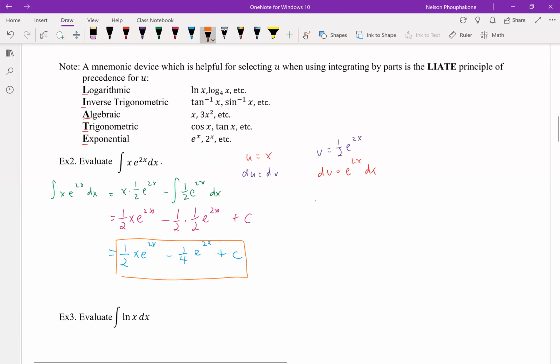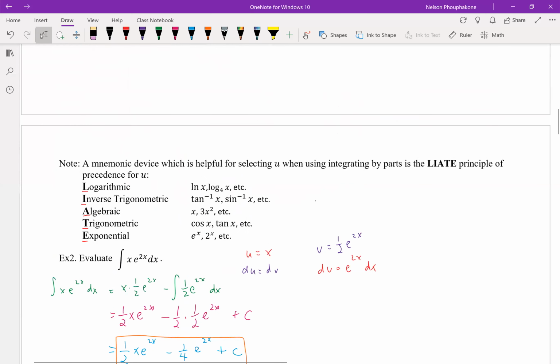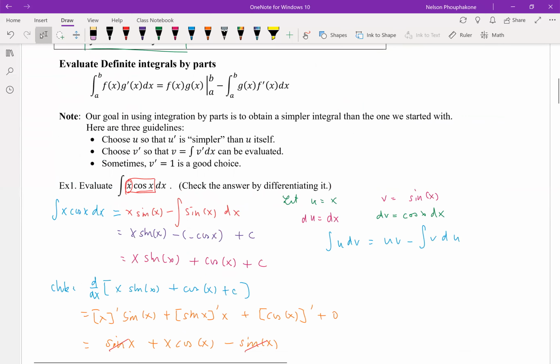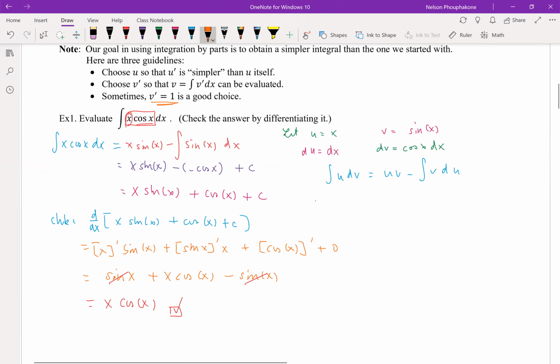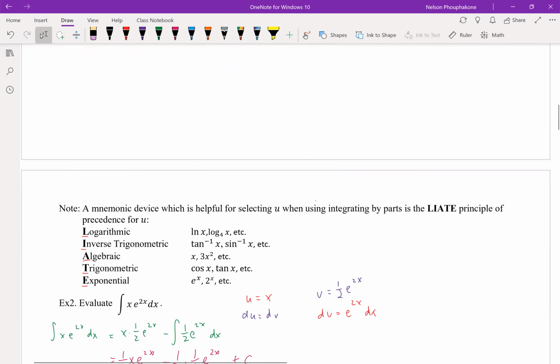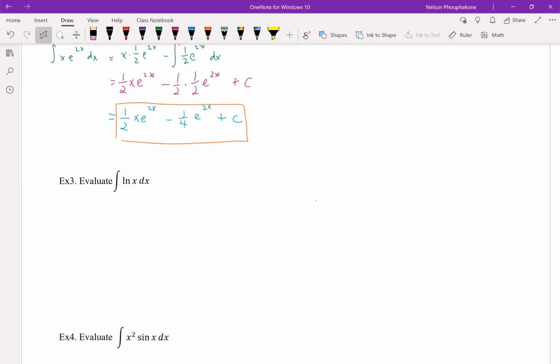Okay, now this one is weird in that I only have natural log of x. Then in this case, how do we work out the problem? Now, what happens is sometimes we let v prime equal to 1. Okay, then maybe it is a good choice. So how do we do this?